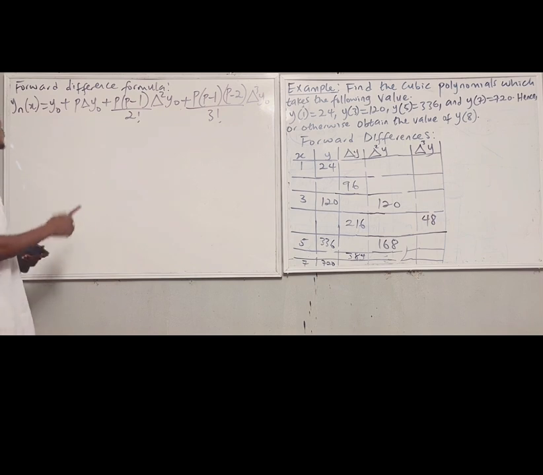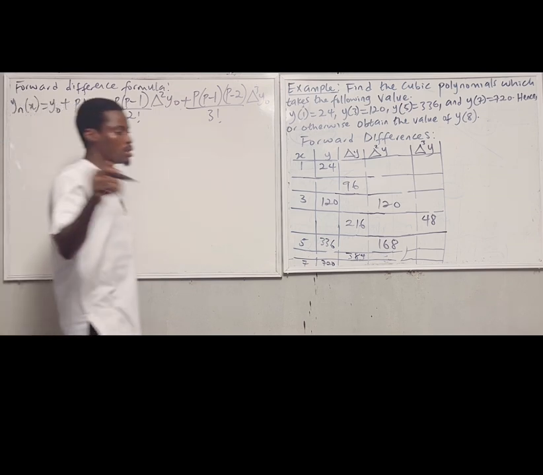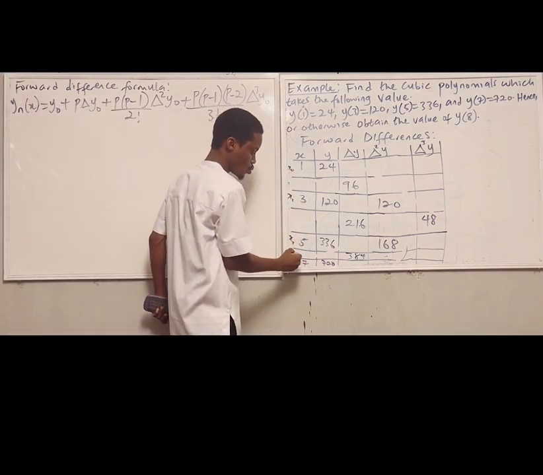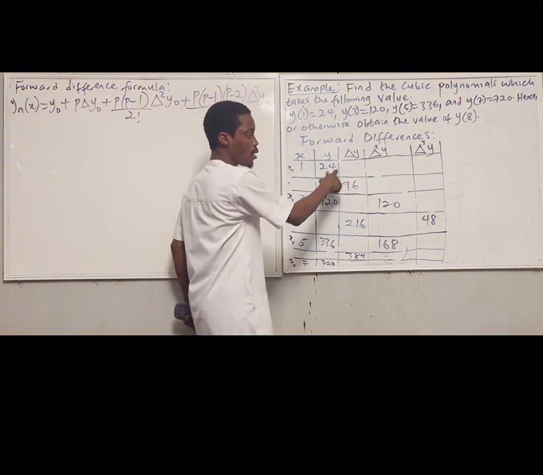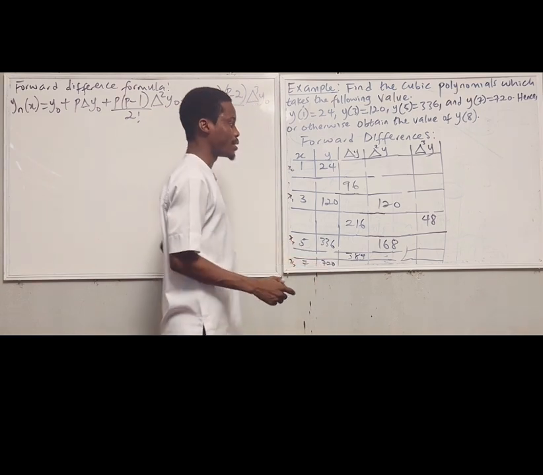So for us to get the value of y, here is our x naught, x1, x2, and x3. These are our y naught, y1, y2, and y3.